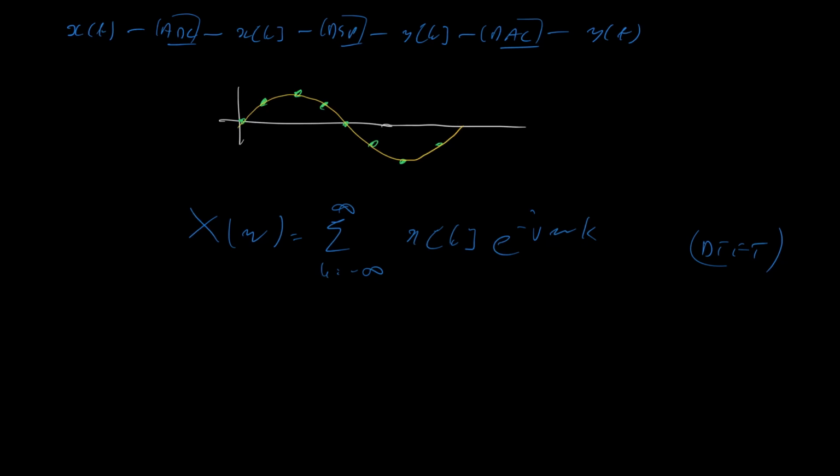If we therefore replace the limits of our summation for k equals 0 to 7, and we take these green sample points to be the values of our x of k for k equals 0 to 7, then we do find a frequency spectrum here, but what of?